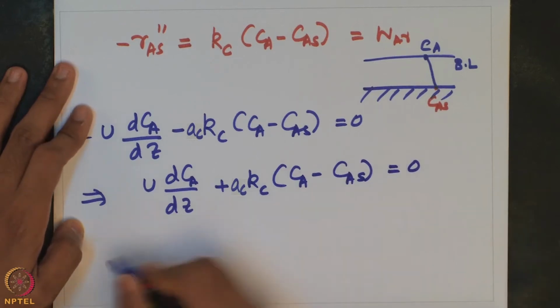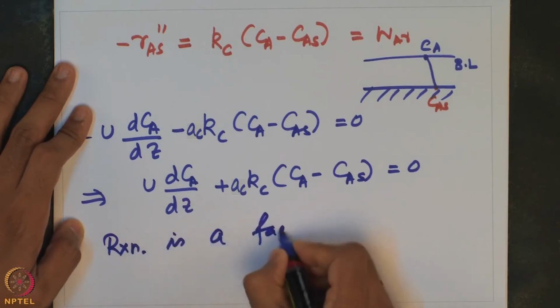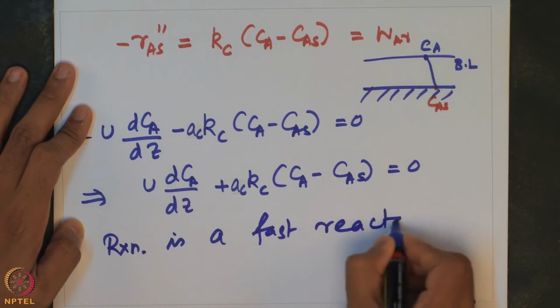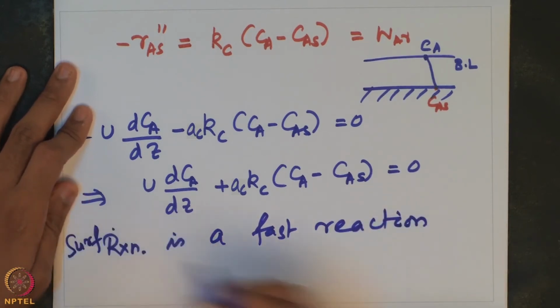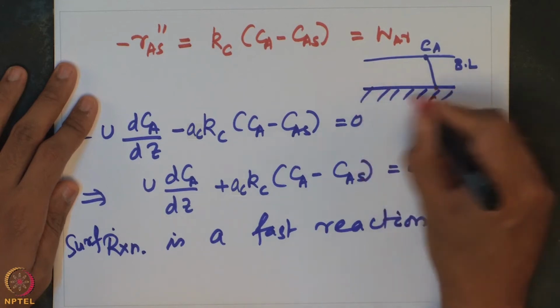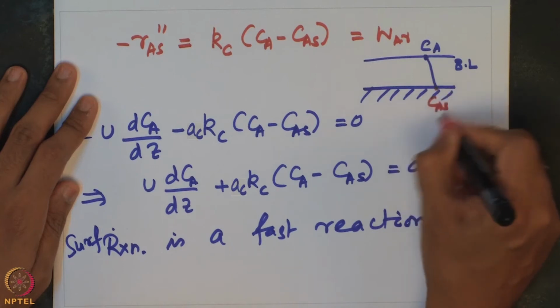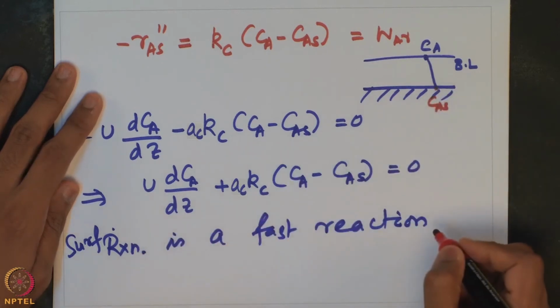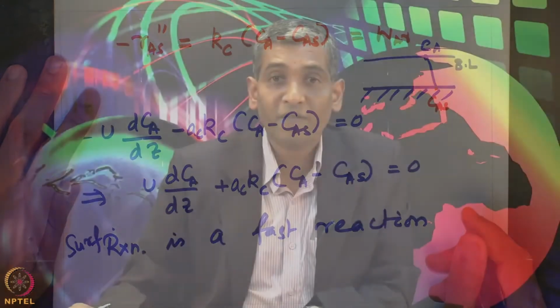Now, we have assumed that the reaction is rapid, a fast reaction, which means that surface reaction is not controlling the overall rate at which the reaction happens. What does it imply? It means that as soon as the species reaches the surface of the catalyst pellet, the reaction would go to completion immediately, because the surface reaction is very fast, which means that the reaction is essentially happening close to the exterior periphery of the pellet.